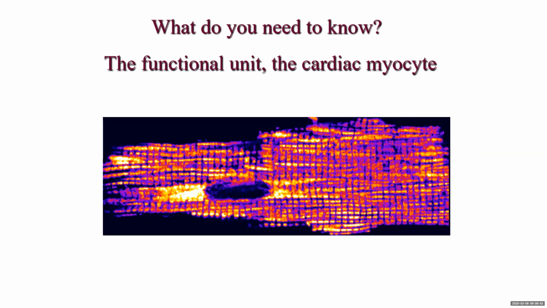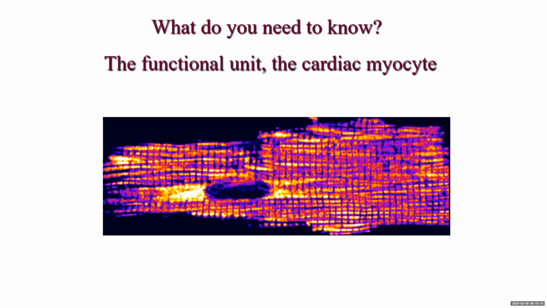In 3D, a cardiomyocyte is like a brick of about 100 micrometers length, 20 micrometers width, and 20 micrometers depth, full of mitochondria, 15 to 20,000 of them. So it performs the basic function of the heart.